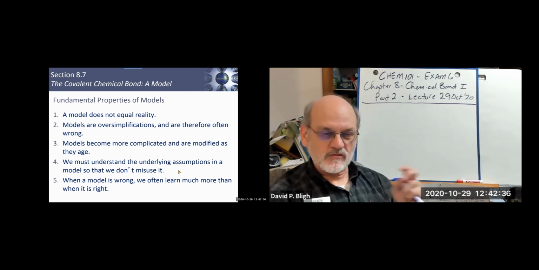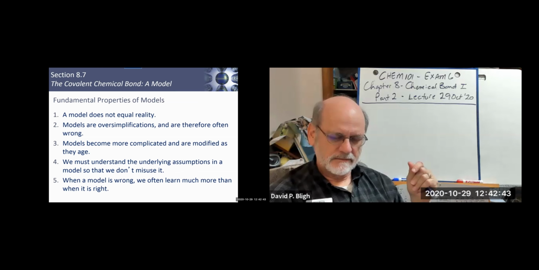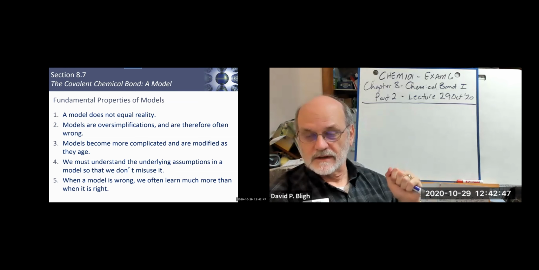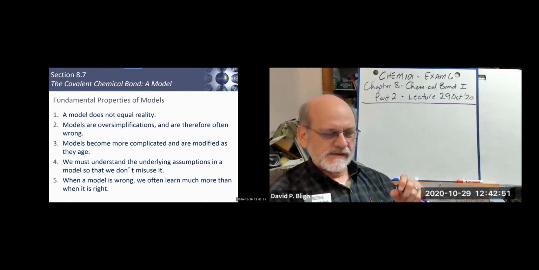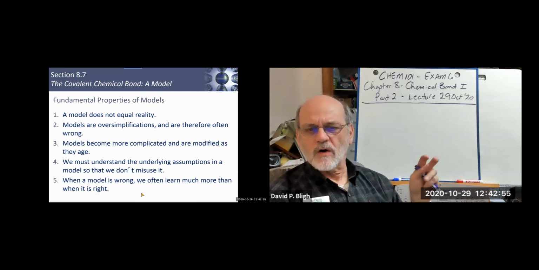Now, just because something's wrong doesn't mean it isn't useful. Remember what Edison said about the light bulb. Some reporter, I think it was, he says, how many times did you get that one wrong? He says, I didn't get it wrong. I just found out 99 ways that you can't make a light bulb.